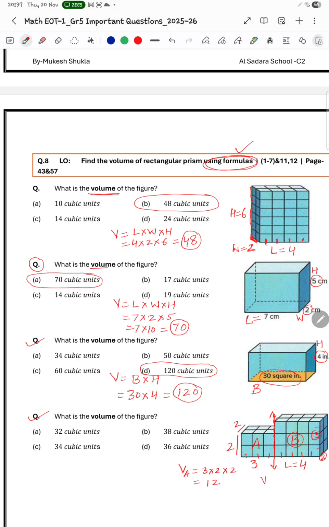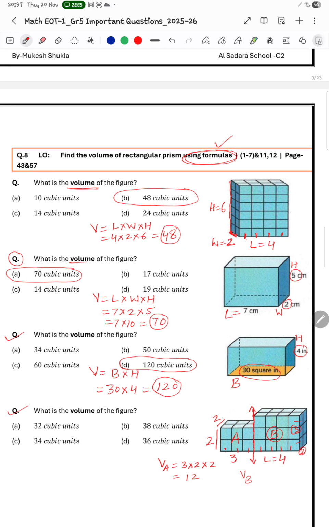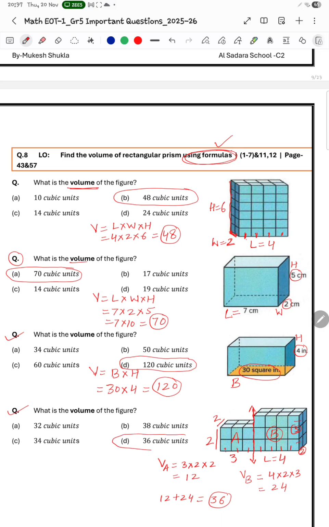So volume of B will be 4 times 2 times 3. That is 24. So the total volume of the composite figure will be 12 plus 24. That will give you 36 cubic units. So my option D is the correct one.